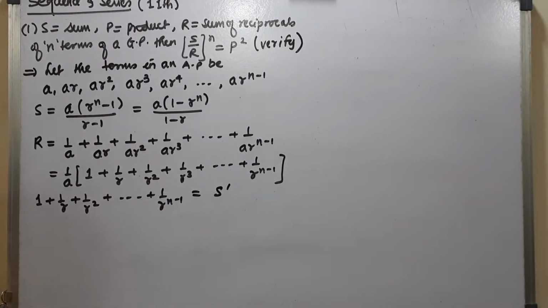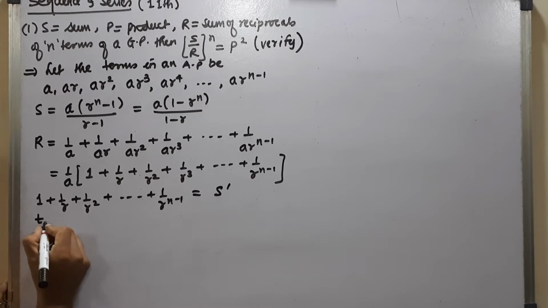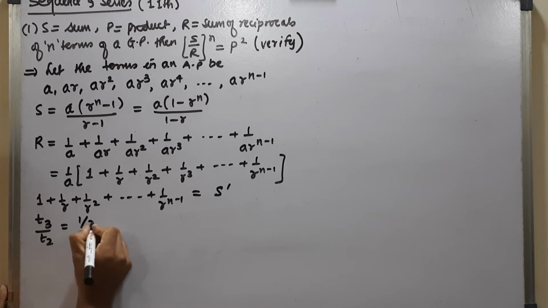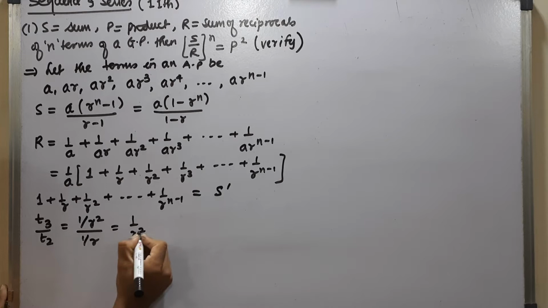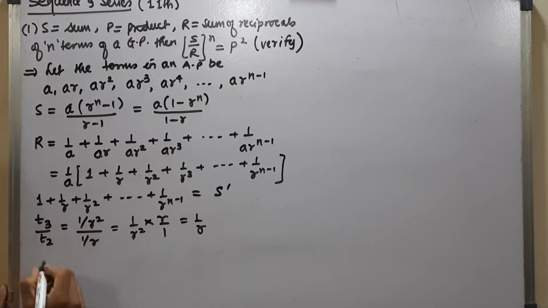Okay, so you can see here, this is 1 by R. For testing purpose, I am taking ratio of third term to second term. It is not clearly an AP, so I will check whether it is GP or not. So I get 1 by R square upon 1 by R, which is 1 by R square divided by 1 by R, means multiplied by R by 1, which is 1 by R. I will check it at one more place, that is term 4 to term 3.